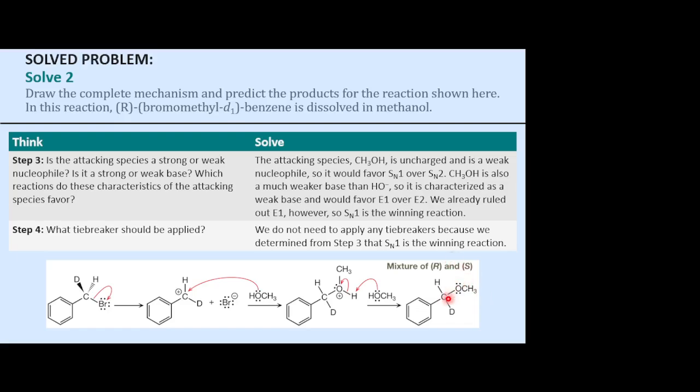If anybody's wondering, this is a valid way of saying that in organic chemistry, where you just do a single bond, no wedge or dash, and then you put mixture of R and S. The other way to do that is you put a wiggly. That's the other symbology for a mixture.